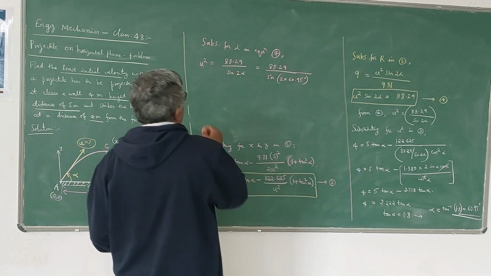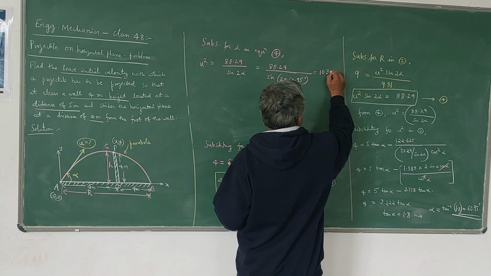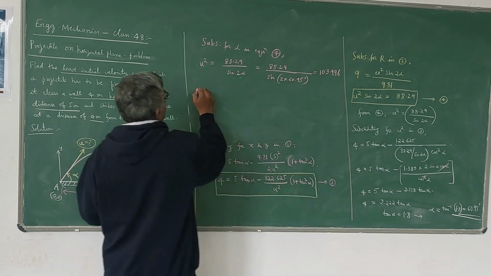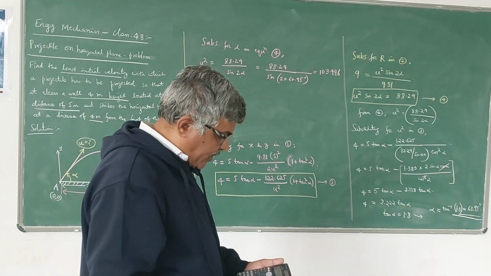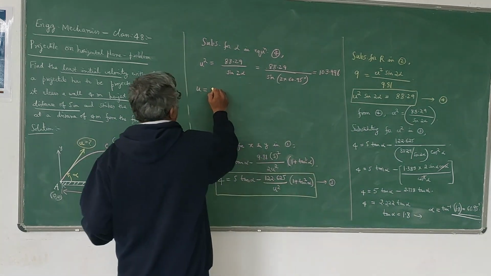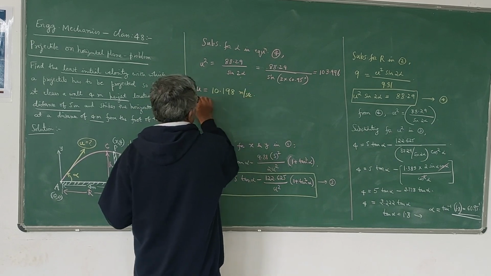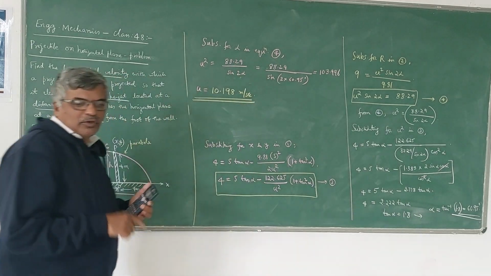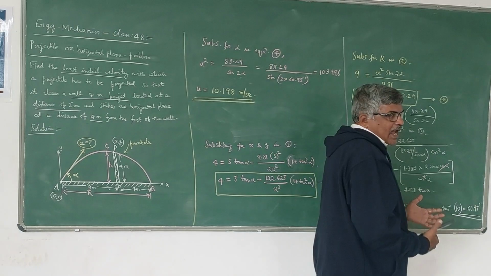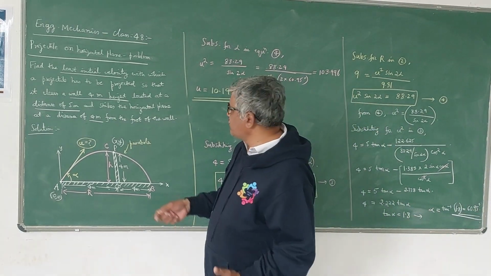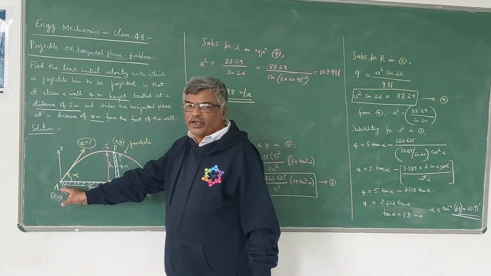Of course, I have to take the square root. So u is equal to the square root of that, which will be 10.198 meters per second. So this is the least velocity with which the projectile has to be projected at this angle, 60.95 degrees, so that it crosses the wall of height 4 meters at a distance of 5 meters from the point of projection.